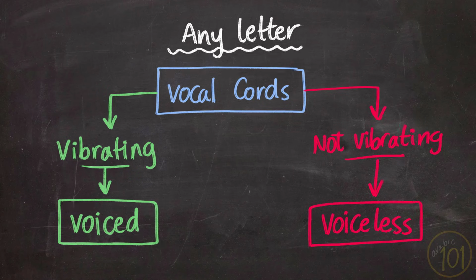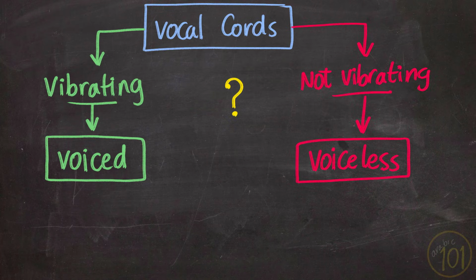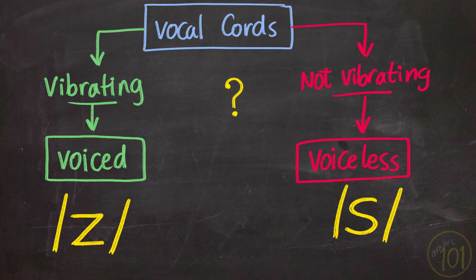But what is it like when the vocal cords are actually vibrating? The easiest way to feel the difference is by comparing S sound and Z sound, like that. S, which is then voiceless, is just a flow of air, while Z is voiced.